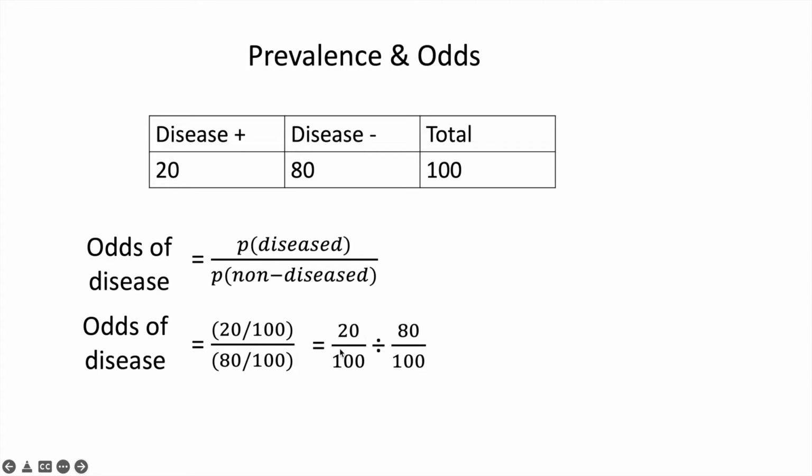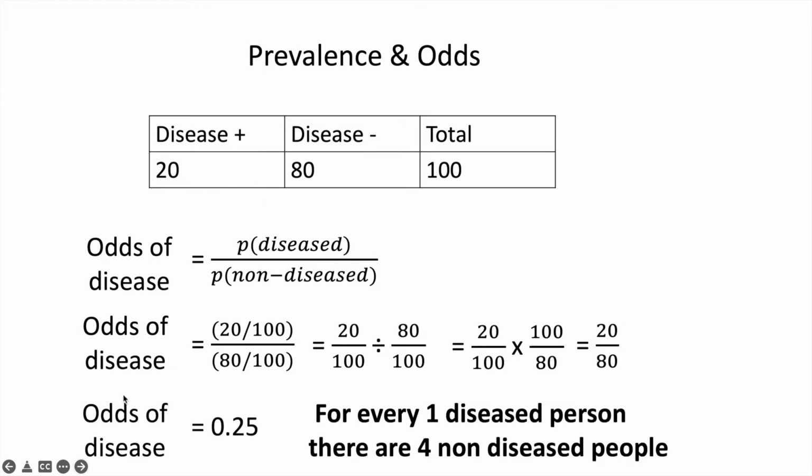That's 20 divided by 100 divided by 80 divided by 100, and to put this together you just multiply by the reciprocal, so switch that and multiply across, and then you can cancel out these hundreds and you just have 20 over 80. So we could have saved a step. If we knew that odds was our goal, we could have just done 20 over 80 and been done, rather than making it more work than it needed to be. So an odds of disease of 0.25 can be interpreted in a more understandable way as: for every one diseased person, there are 4 non-diseased people.